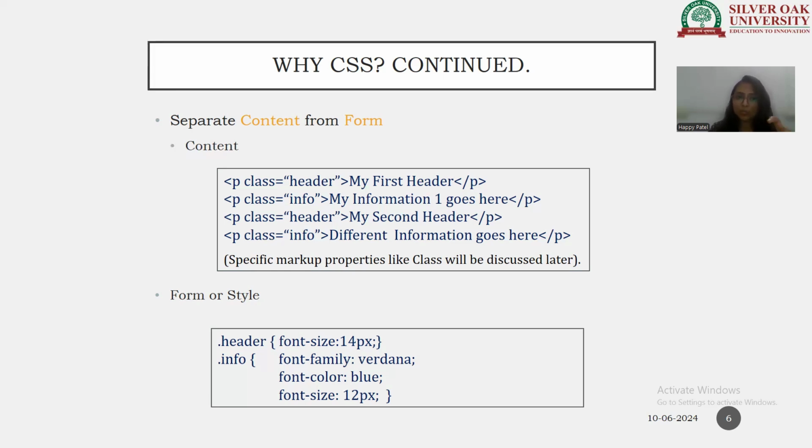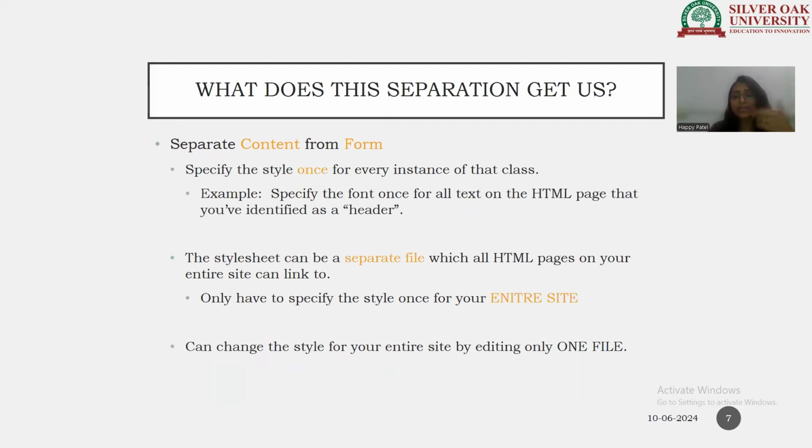But basically CSS is used to separate your content and your styling part. And what does the separation get us? What is the importance and inspiration behind it? When you write a CSS file, you have to write it only once, and then you can use it many times.